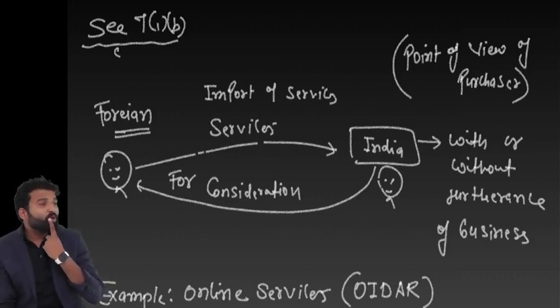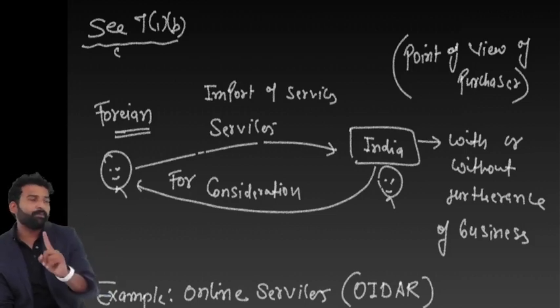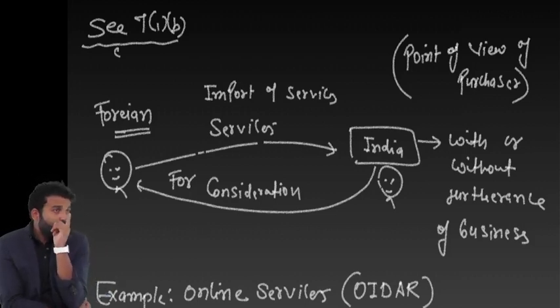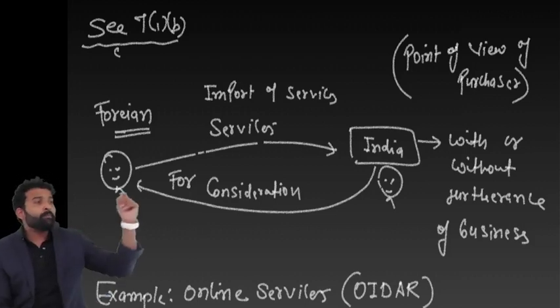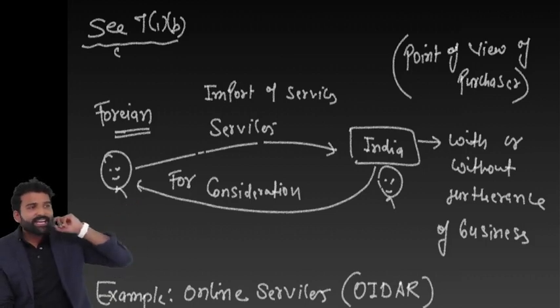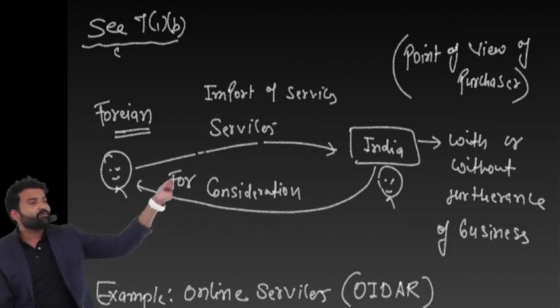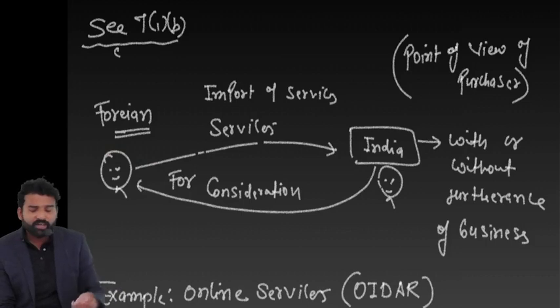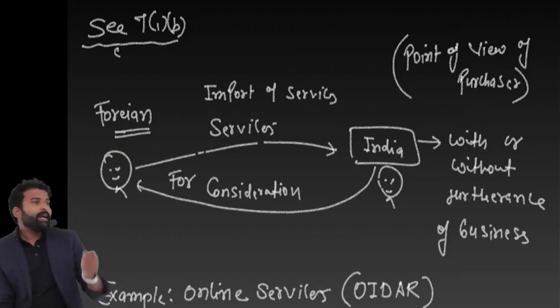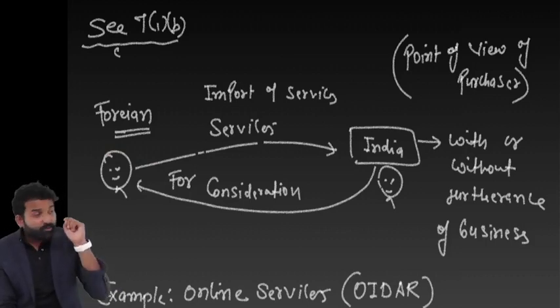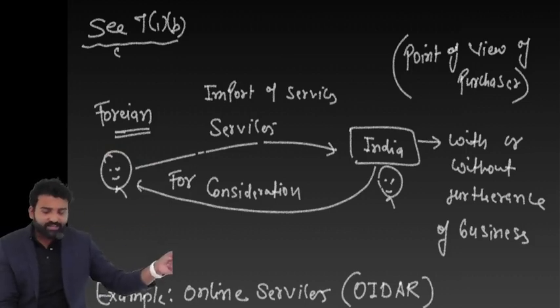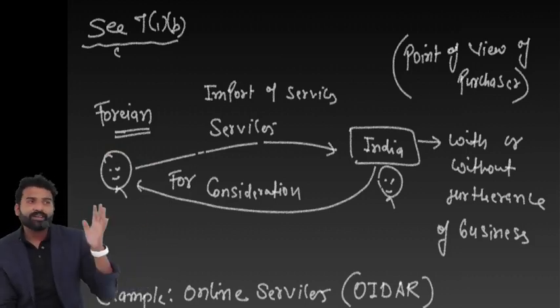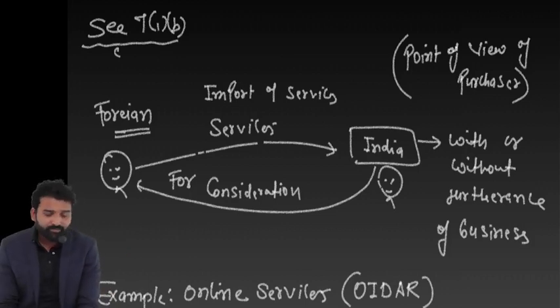If I am doing any transaction, it should be for the purpose of business in India. But 7(1)(b) says if I am importing something from outside India, here we are talking about services only, it will be supply, it will be covered under the ambit of GST if it is for consideration with or without furtherance of business in India.